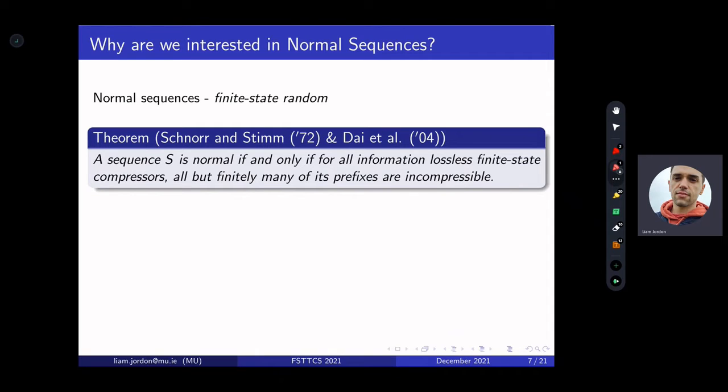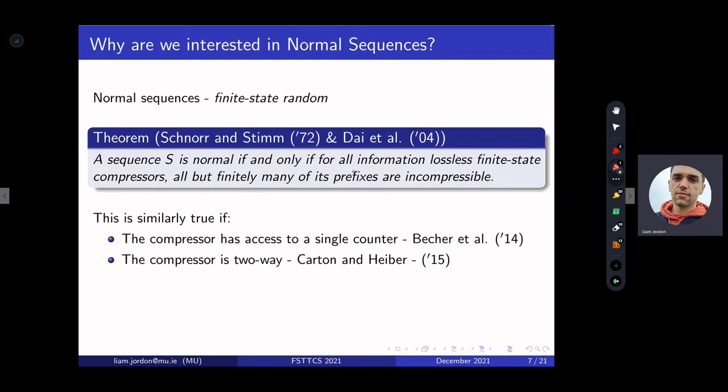So if you take any lossless finite state compressor, which is just a finite state machine with inputs and outputs, and look at any prefix, when the prefix is long enough, the ratio of the output over the length of the original input is always going to be bigger than or equal to 1 minus epsilon, where epsilon can be made arbitrarily small.